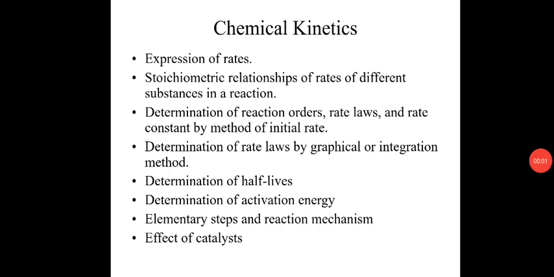Here in chemical kinetics, we are also going to discuss the reaction orders, rate laws, and rate constant by the method of initial rate. So these are the new terms.